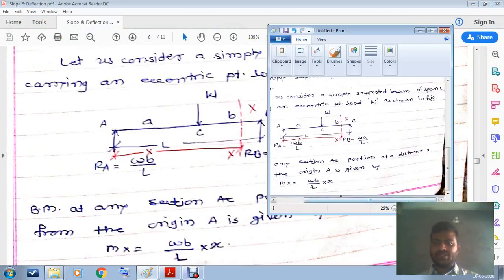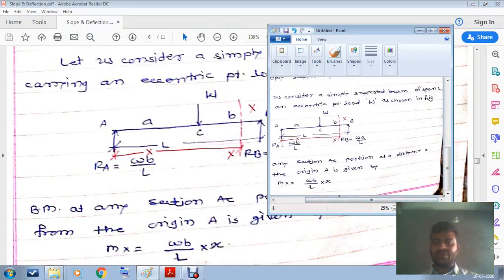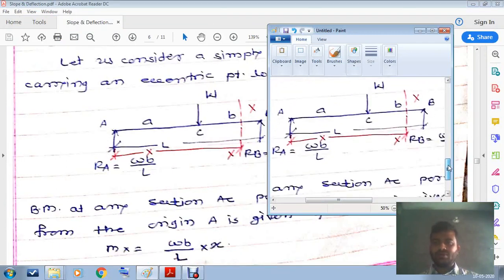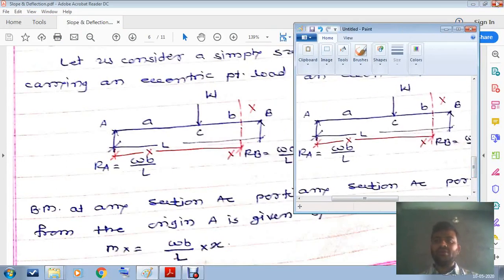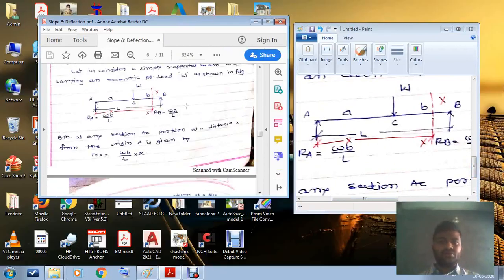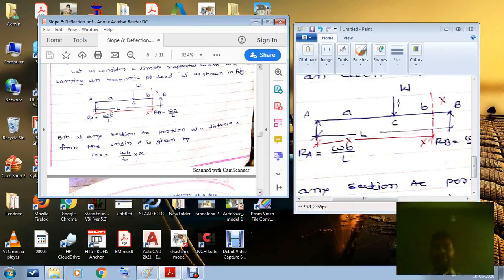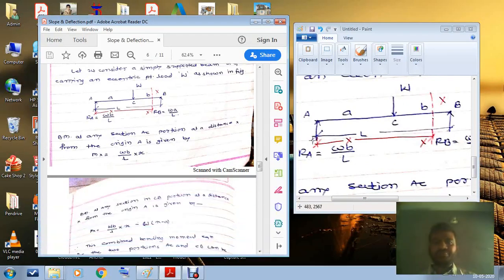Let us consider this. I will zoom it out. So let us consider a simply supported beam. I think you can clearly see this, a simply supported beam.